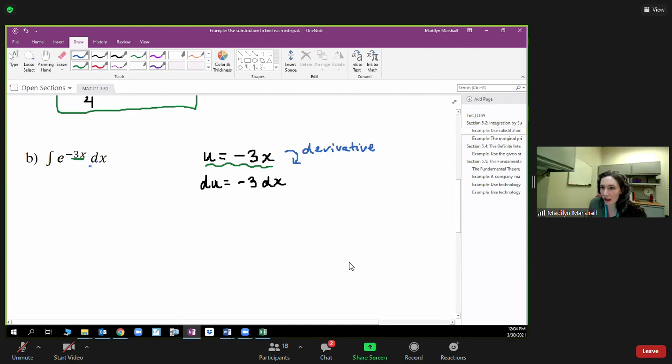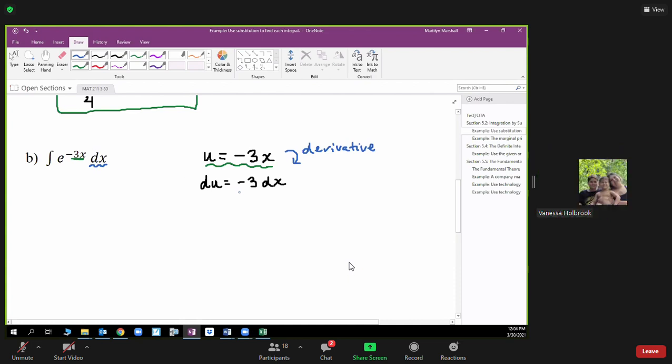But the thing that's different here is that we have just a dx. And in our du we got negative 3 dx.